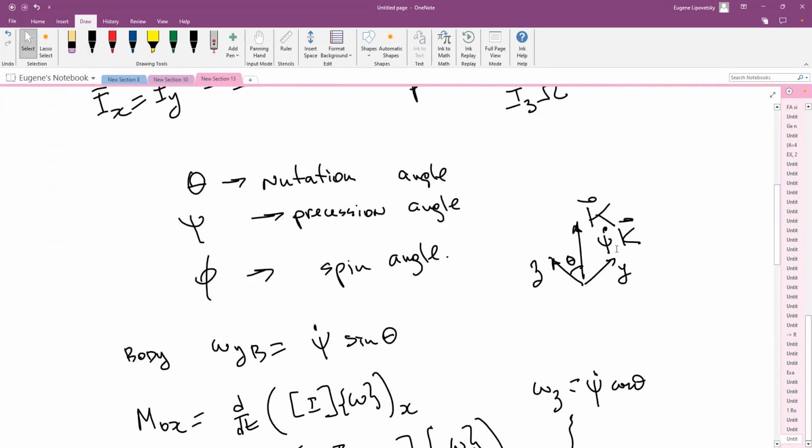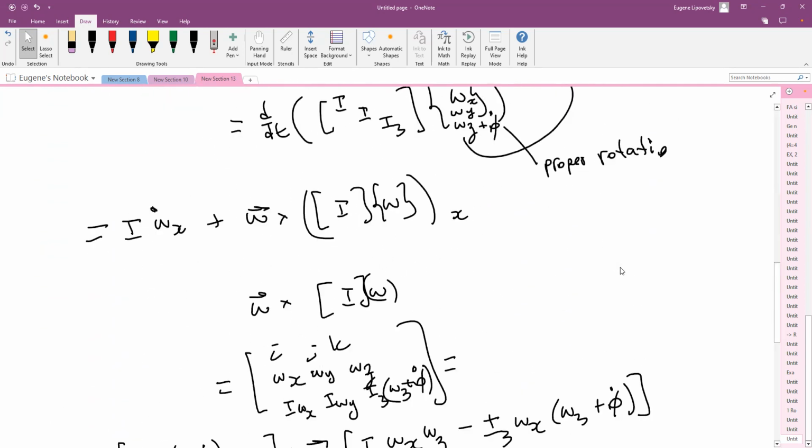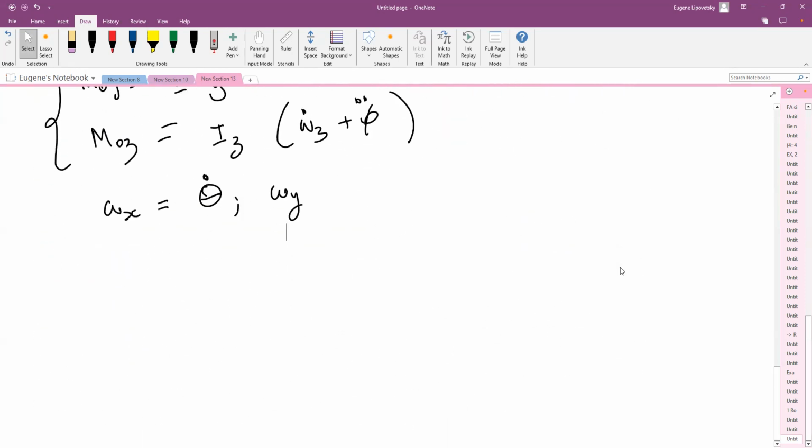It will be psi dot cos theta, psi dot sine theta. We just check with sine.